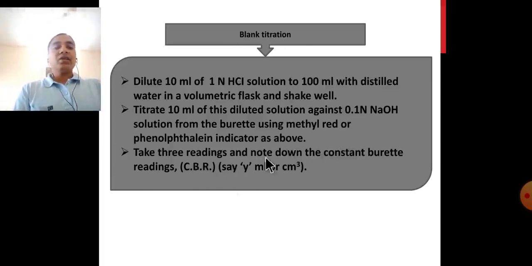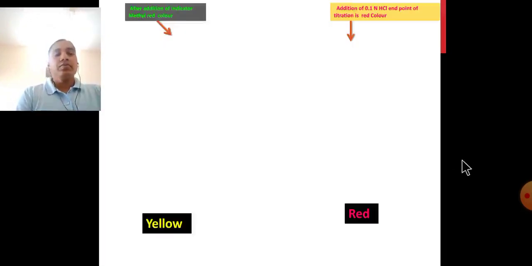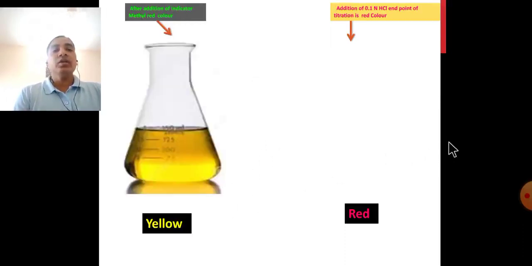Take 3 readings and note down the constant burette reading, CBR, say Y ml or cm cube. After addition of methyl red indicator the solution will be yellow, and on addition of 0.1 normal NaOH the end point is red.